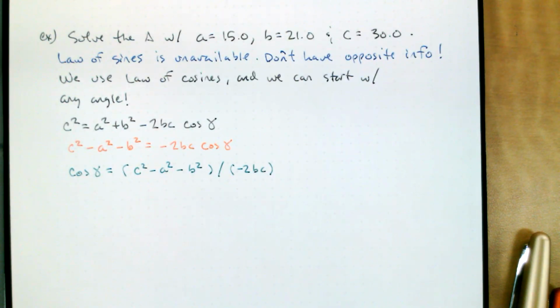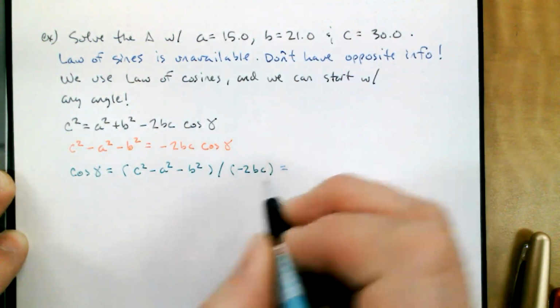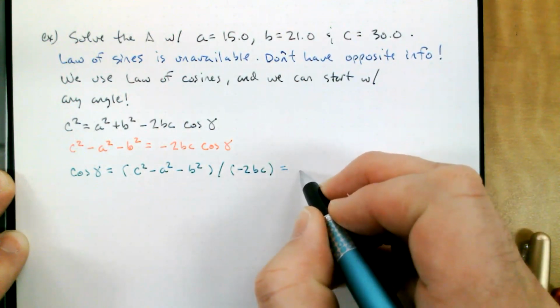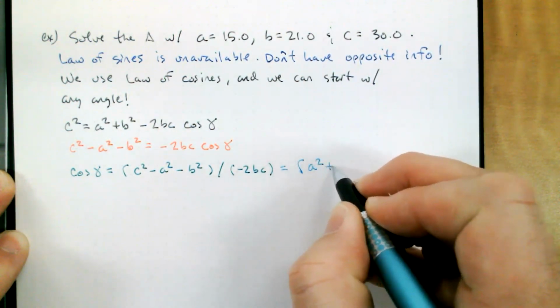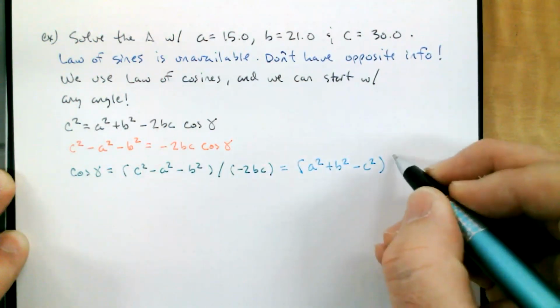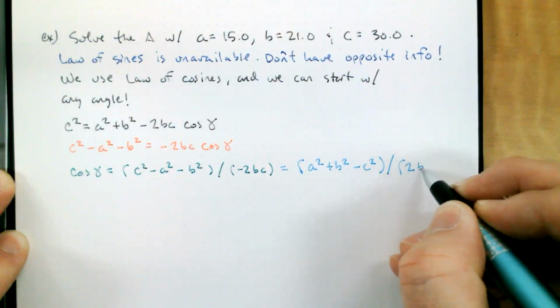Then we're going to look at this and say, oh, that looks terrible. Dividing by negative 2ab, ridiculous. Especially when we have pluses and minuses in the numerator. So I'm going to multiply top and bottom by negative 1. I'm going to rewrite my cosine gamma as a squared plus b squared minus c squared, close the top, divide by, open the bottom, 2bc.